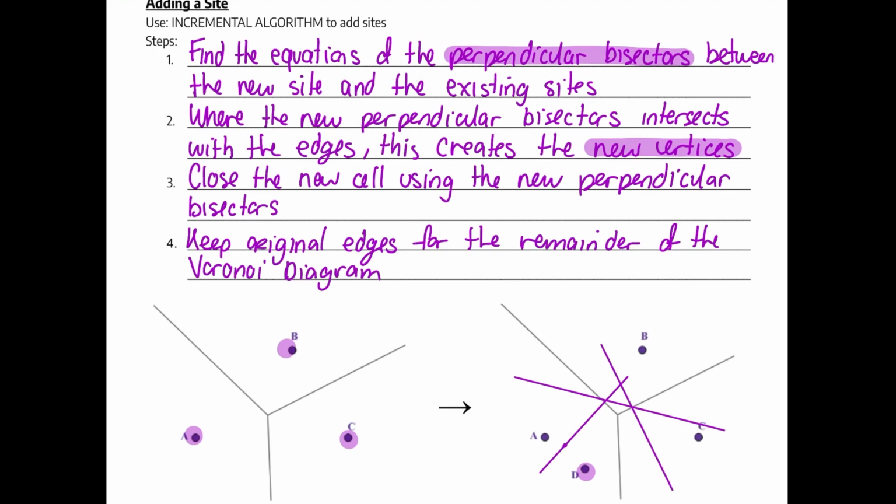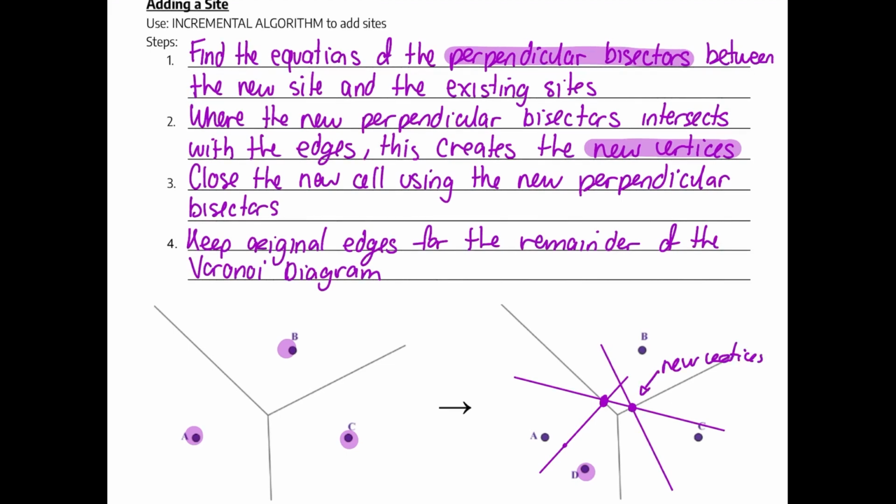And where we see that there are intersections with these new perpendicular bisectors and the existing edges, in this case we have 2 of these points, these would be considered our new vertices. And once we have these new vertices, then we can go ahead and do the 3rd step, which is closing this new cell, so creating this new cell.